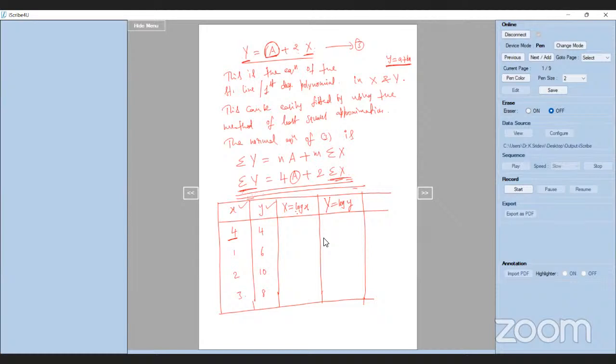You don't know how to find log values using the calculator? Actually, I don't have a calculator, madam. Anybody, at least one of you? Actually, it is there in the phone, madam. Yes, you can use the phone. If you have a scientific calculator, definitely logarithm is there. Log 4.